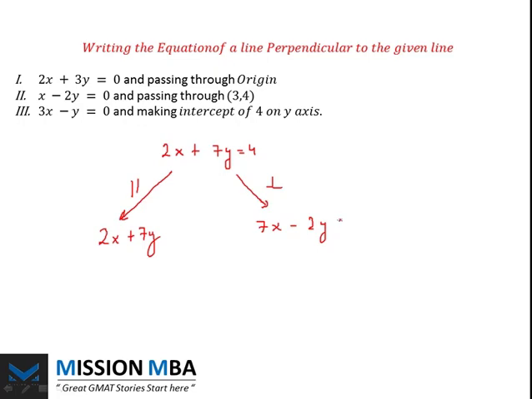Change one sign. Equals, and equals. Let us say we need to find out the equation of the line parallel to this and passing through 2, 1. Satisfy the point directly. 2 2s are 4 plus 7, that's 11. Let us say the perpendicular line also passes through 2, 1. Satisfy the point. 7 2s are 14 minus 2, that's 12. You will be done under 15 seconds for sure, and that's going to boost up your speed in the question.